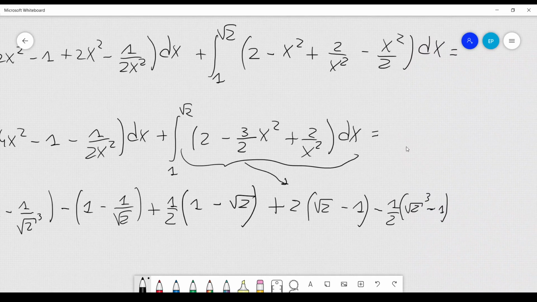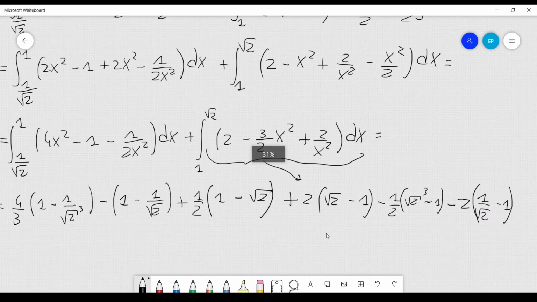And then I have minus 2 times 1 over x evaluated at the boundary here, because I have to integrate 2 over x squared. The integral of 2 over x squared is minus 2 divided by x. Here I have 1 over x evaluated at the boundary: 1 over square root of 2 minus 1, just like this.